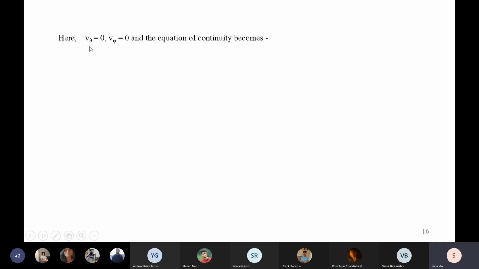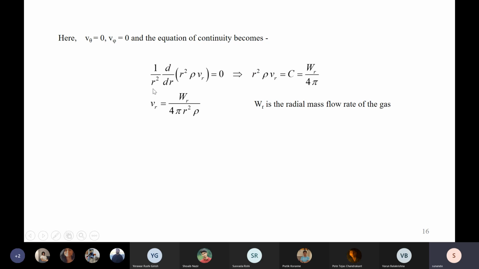First of all, it's a spherical system in which V theta is 0 and V phi is also 0, and therefore the equation of continuity is simply the one where the non-zero component of velocity is Vr, the radially outward flow of air in the system.